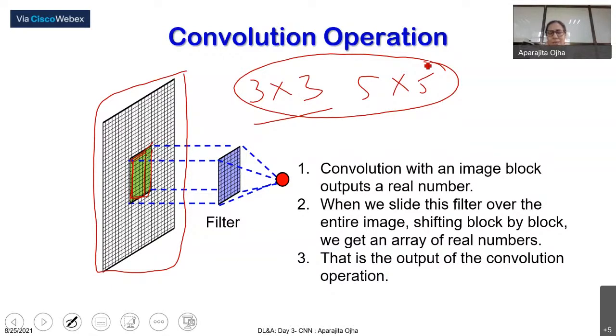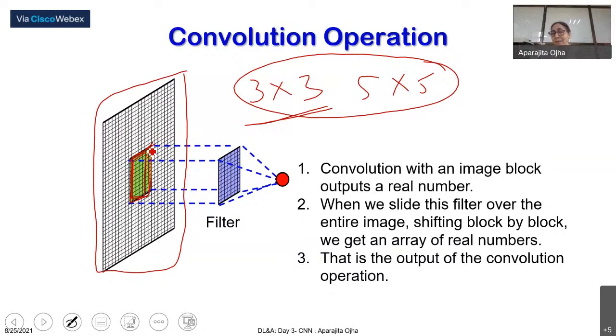What I'm doing is convolving these filter values, which will be real values, with the image pixel intensity values. So convolution with an image block outputs a real number. If I take a 3 cross 3 filter and a 3 cross 3 image block, they will convolve with each other and we get a single real value.